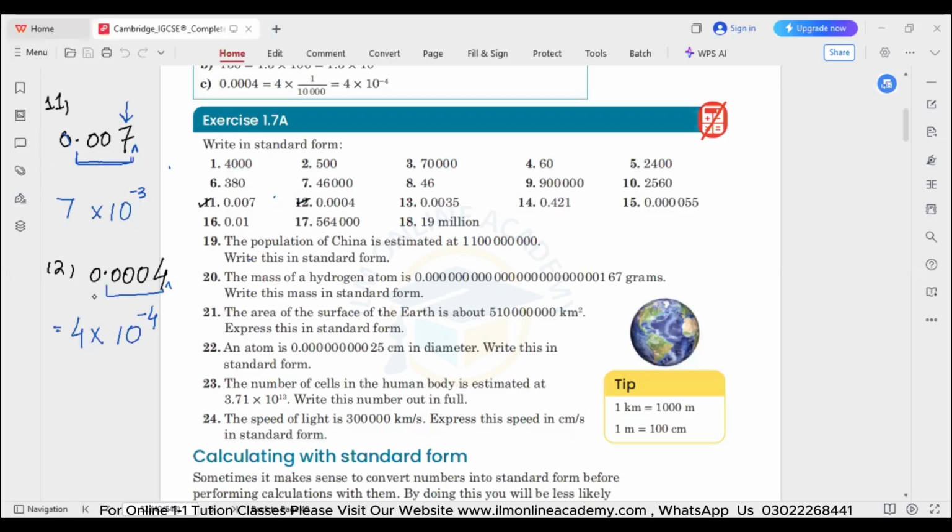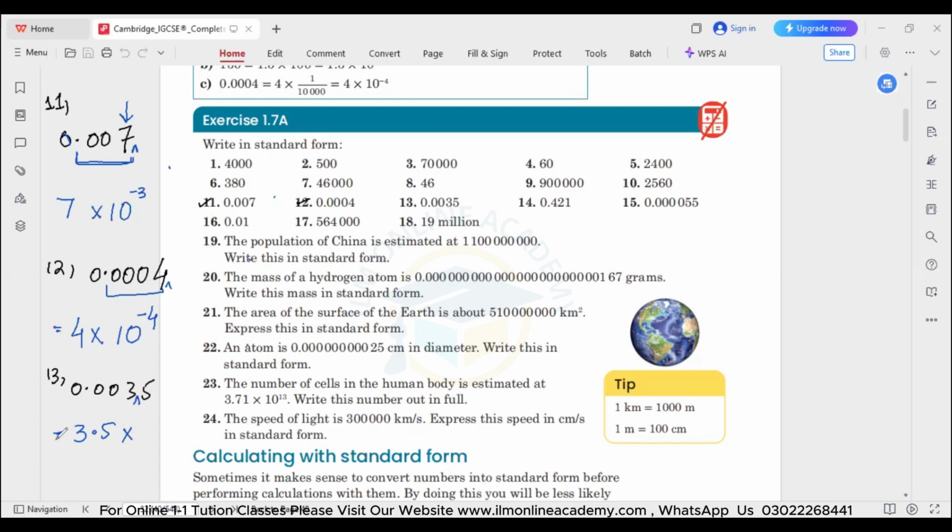Okay, next is part number 13, and in this part we have been given the number 0.0035. This time, the first significant number is 3 instead of 5, so we will be applying a decimal point here. So this will become 3.5. All the numbers instead of zeros, you need to write them down.